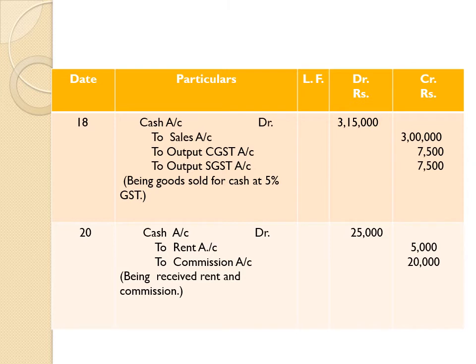Goods sales of rupees 3 lakh plus GST 15,000, it becomes 3 lakh 15,000.